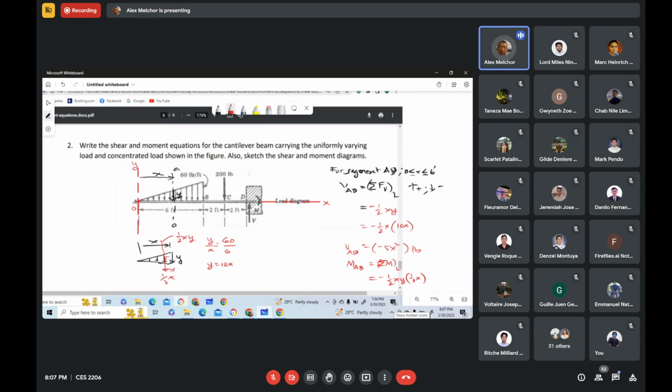So this gives us the moment equation for segment AB is equal to negative 1/6 x squared times y.